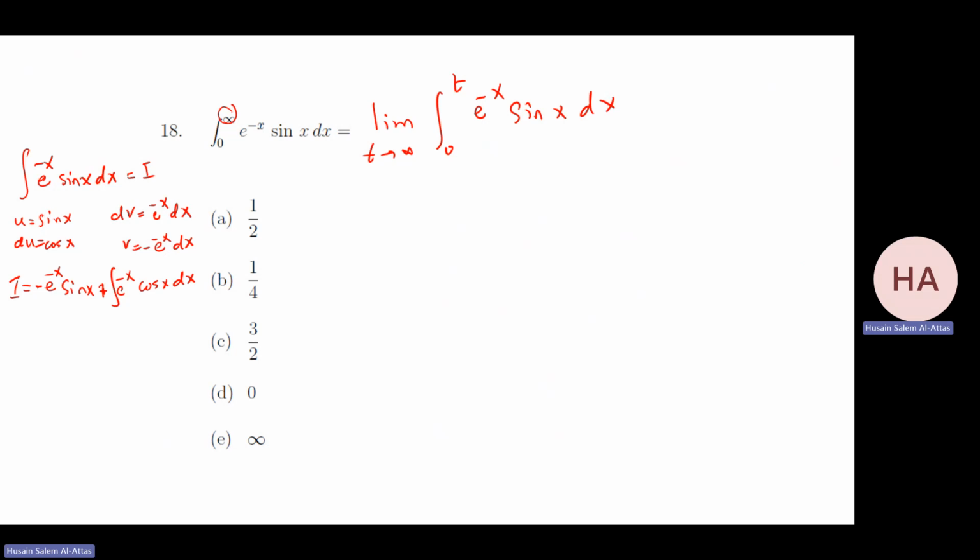I need to repeat this again. u equals cosine x, du equals minus sine x dx, dv equals e to the minus x dx, and v equals minus e to the minus x.